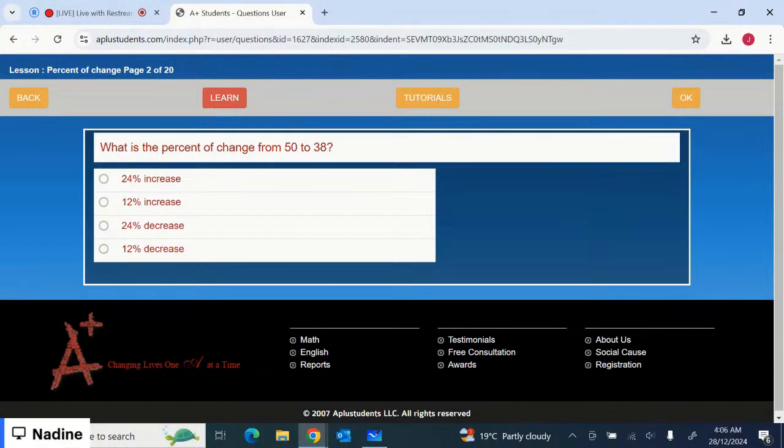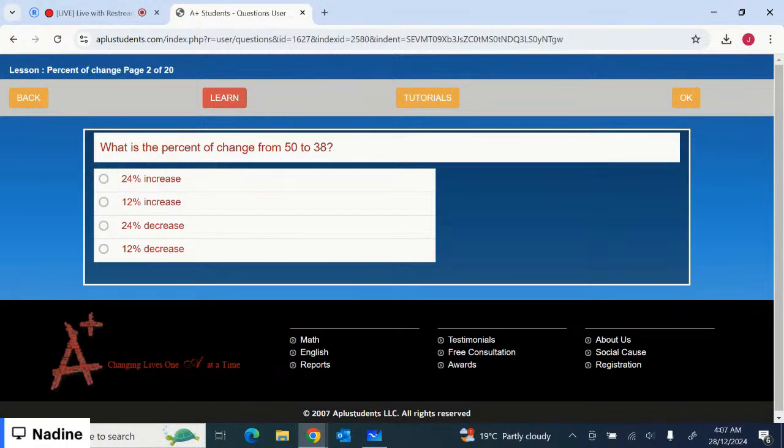What is the percent of change from 50 to 38? From 50 to 38, that is a decrease, right?